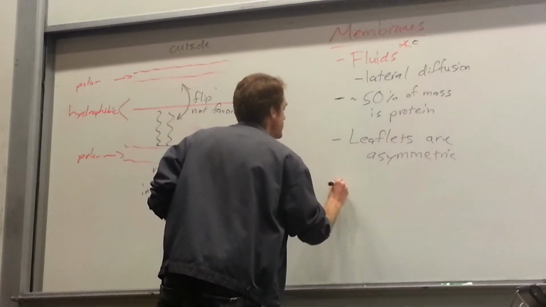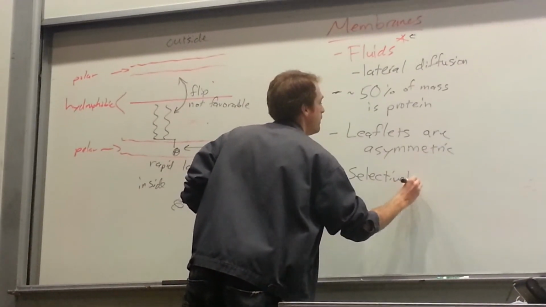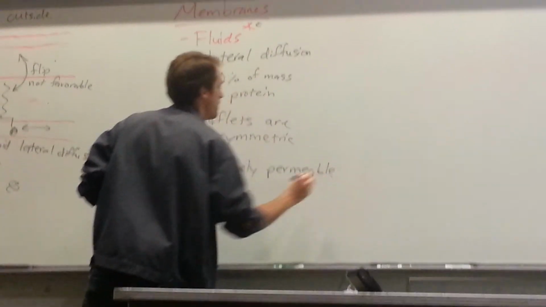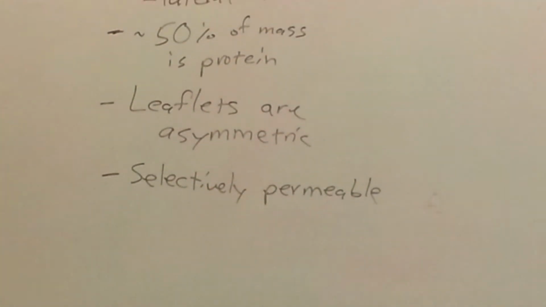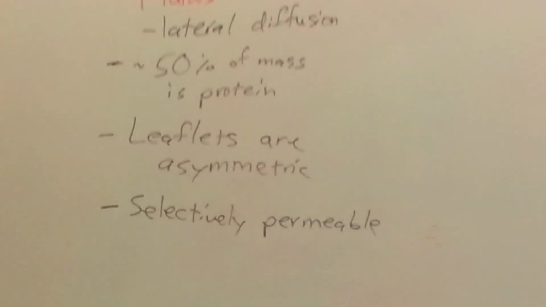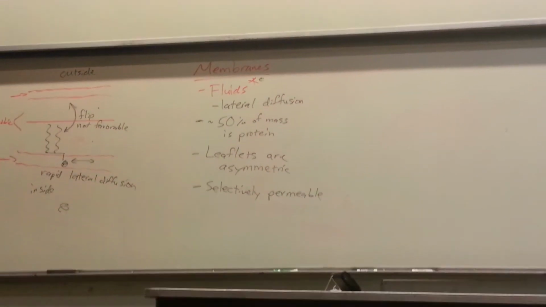Also, membranes are selectively permeable. Some things can make it in and out of the membrane, no problem. Other things can't make it through at all. It's very energetically unfavorable.